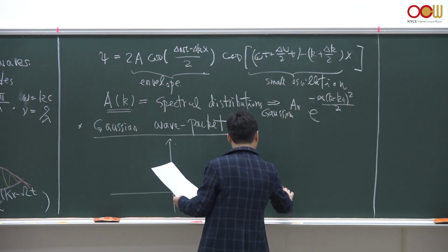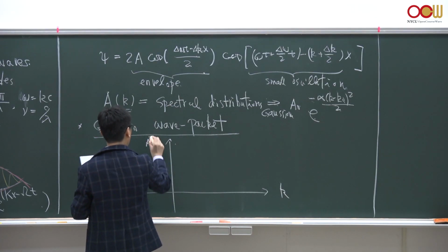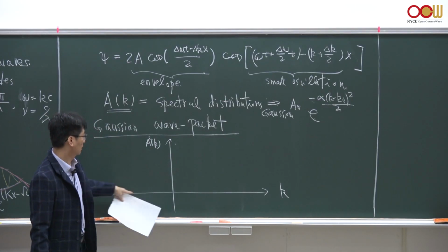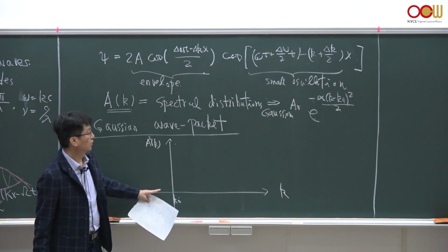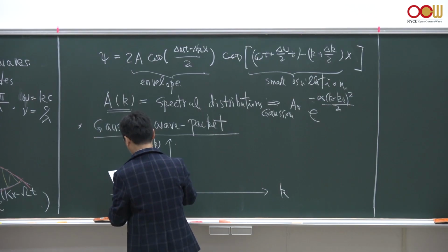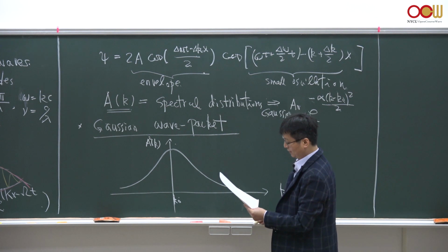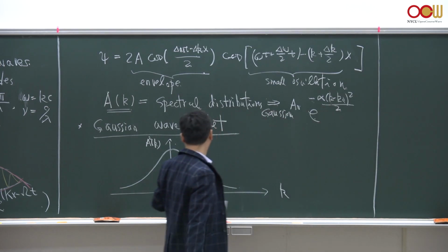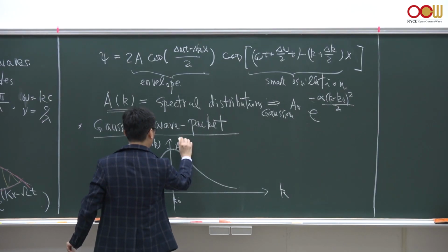This could be viewed in this plot here. If I square this spectral distribution function f of k and plot it as a function of k, this intersection point is k0, so the Gaussian distribution follows this function, and there's a broad peak right here. Of course, there's a prefactor a0. So when k equals k0, the origin here, you get a maximum amplitude a0 squared.